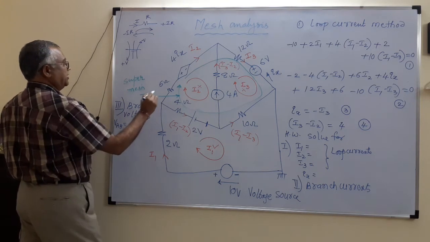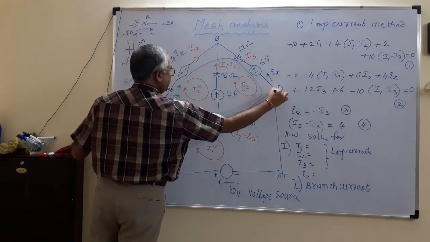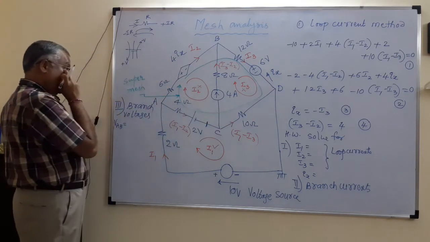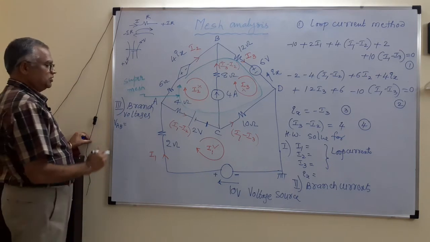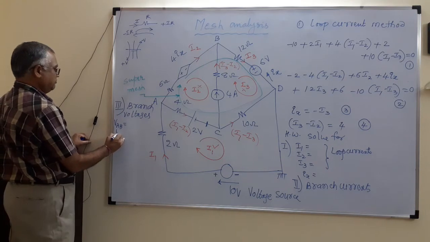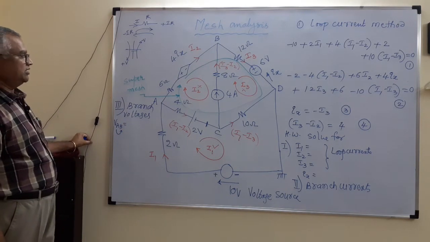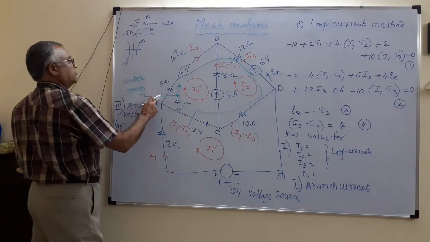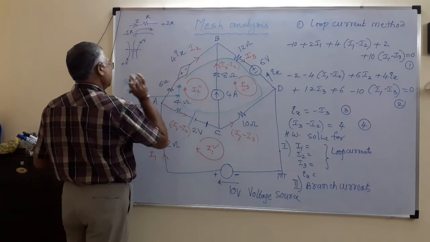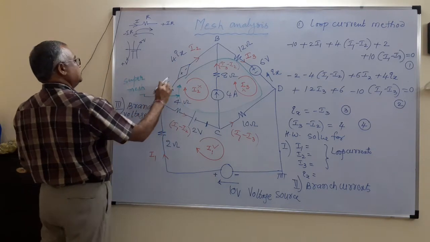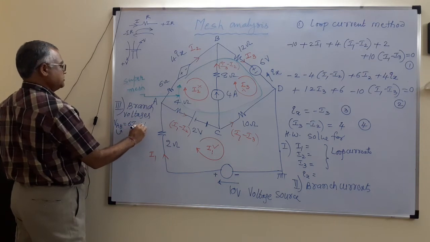Let us say this is A, this is B, this is C, this is D. To find VAB, I told you one technique last time. Start from A, go to B, following the KVL sign convention. So 6 into I2 plus 4Ix.